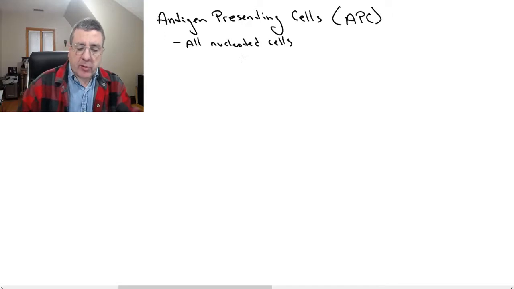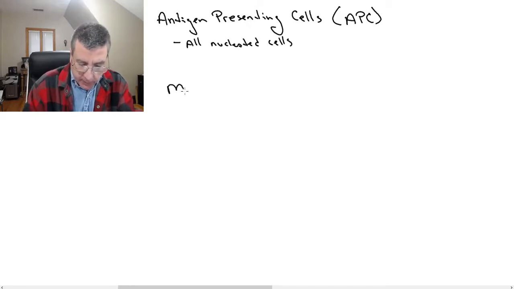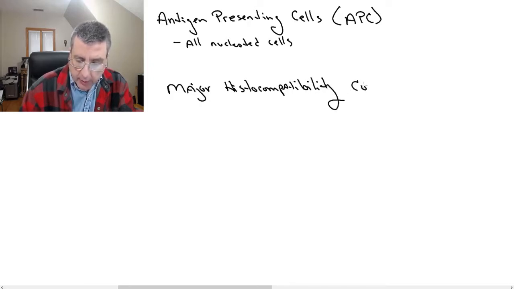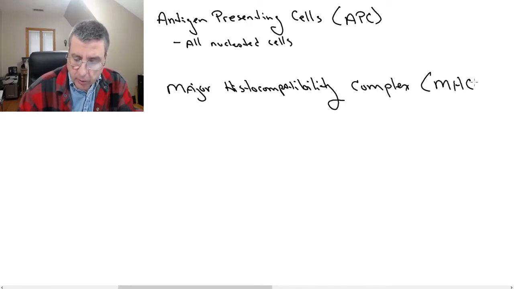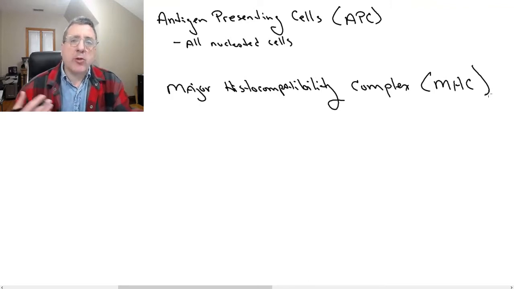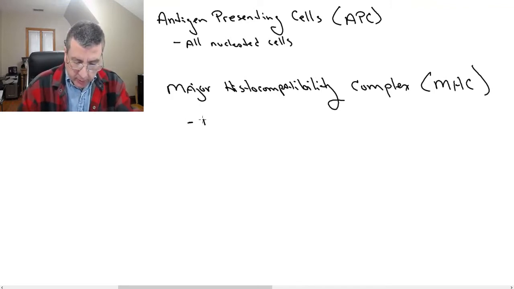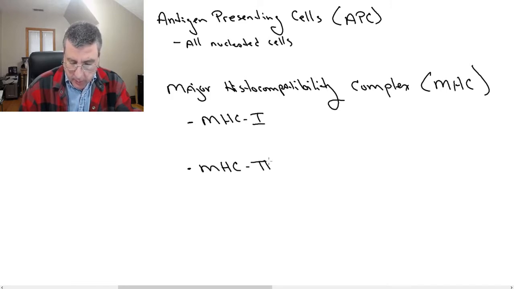Okay, so the next thing that we're going to be talking about is something called the major histocompatibility complex, or MHC. And there are going to be two subtypes of this: MHC I and MHC II.